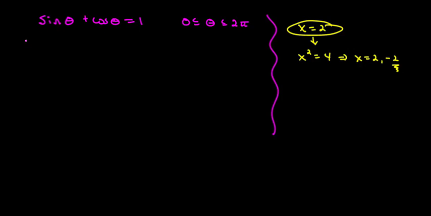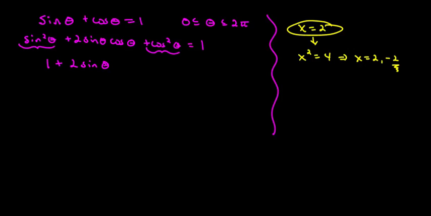So when we do this, we're going to end up with sine squared theta plus 2 sine theta cosine theta plus cosine squared theta, and that's going to be equal to 1 squared, or 1. Now we're going to combine some terms together. I've got sine squared and cosine squared, so when I add those together, I get 1. So the left side is really 1 plus 2 sine theta cosine theta.